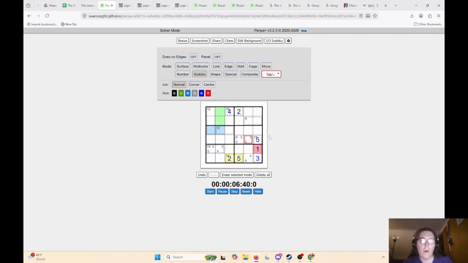Or no, it could be 6 and 3. It can be 6 plus 3. We assume this is a 1. What does that do for this? This makes this either 3 or 6, and this makes this either 2 or 4.